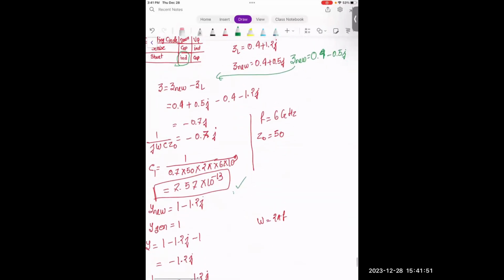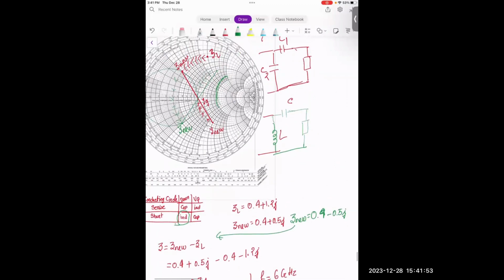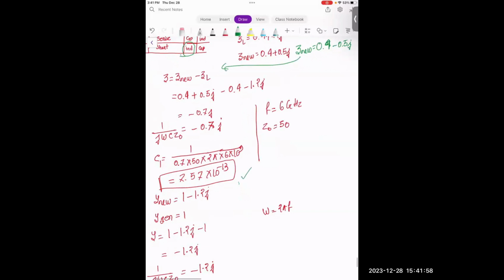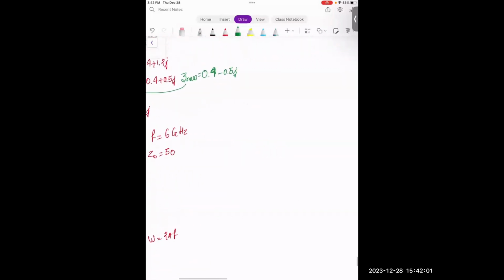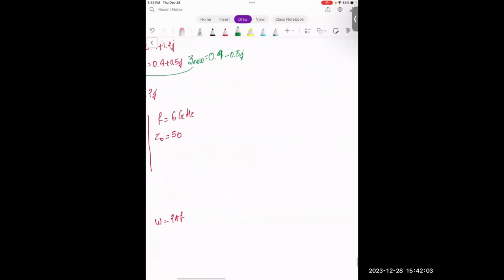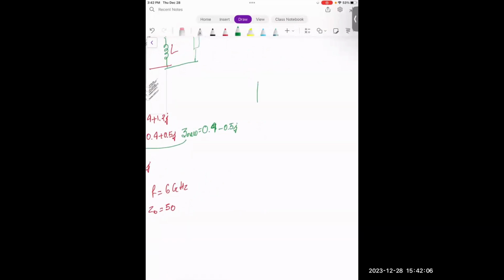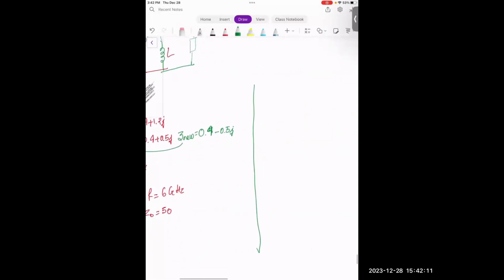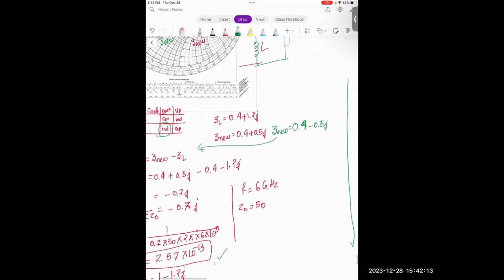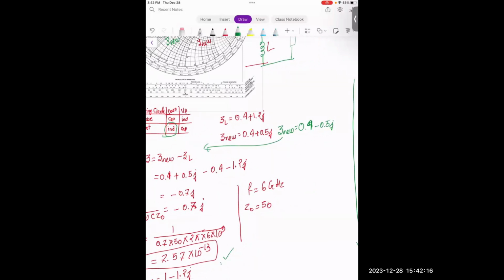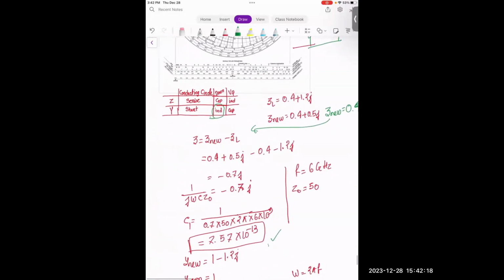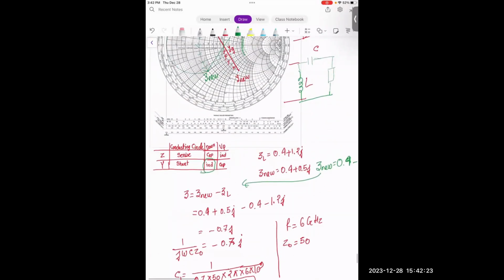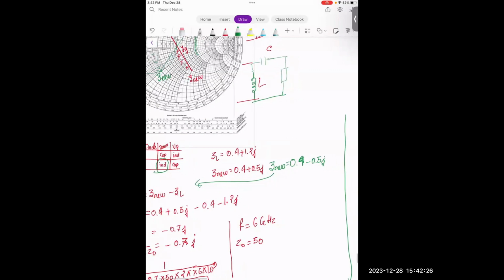We do the same thing, a similar process, plugging in the Z new and finding the C1 value for the LC matching.